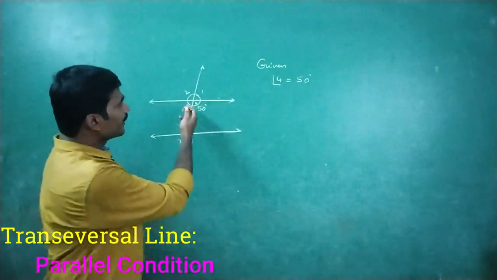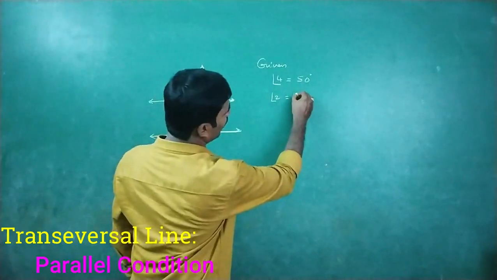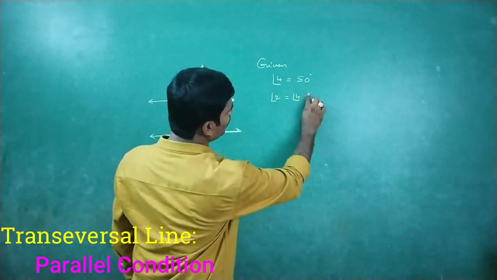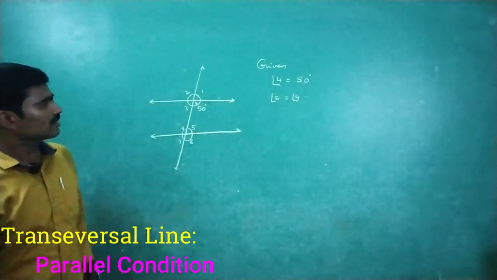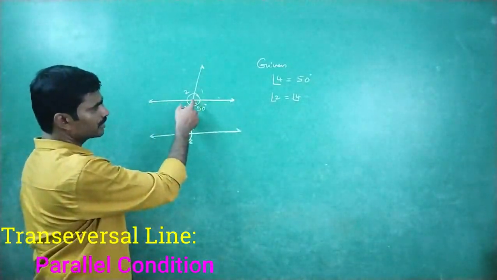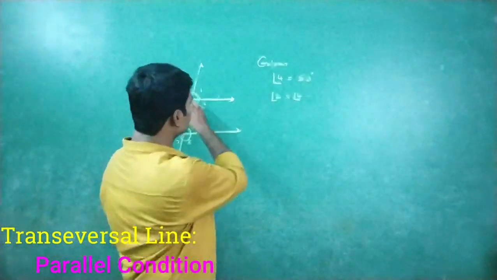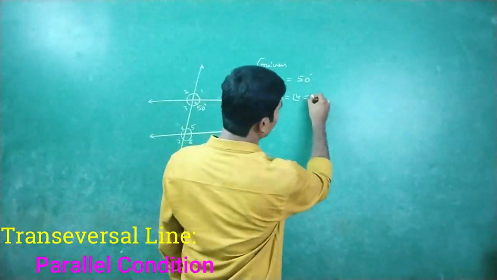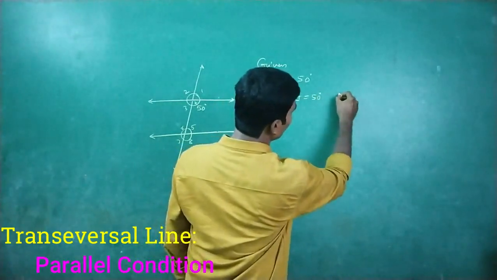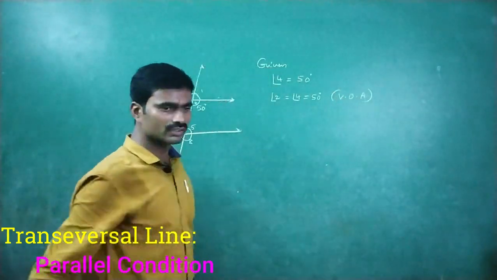Then angle 2 is equal to angle 4. What is the reason? These two lines intersect at a point, so vertically opposite angles are equal. So angle 2 equals angle 4, that is 50 degrees. Reason: vertically opposite angles.